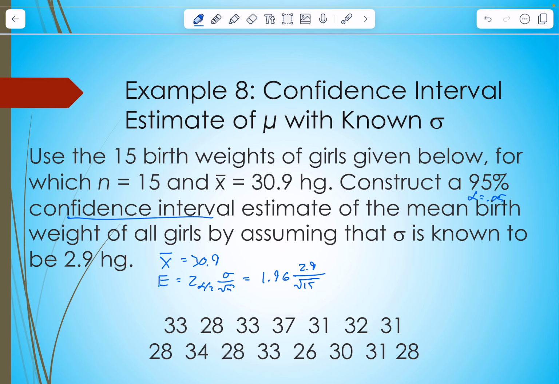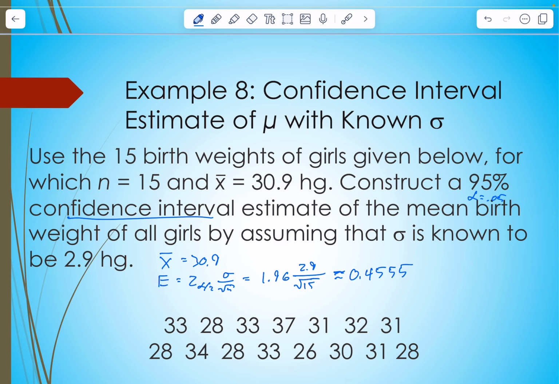That's my margin of error, and I'll go ahead and compute that. 1.96 times 2.9 divided by the square root of 15. Enter. And so I get approximately 0.4555.